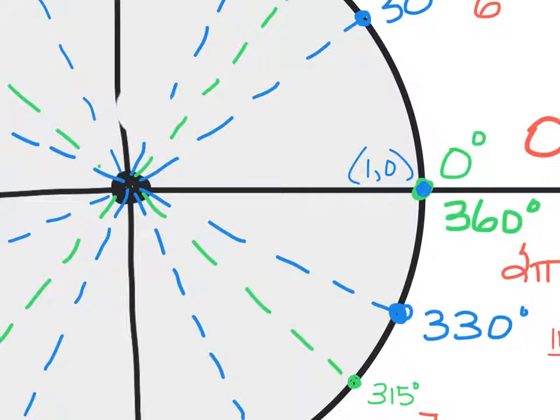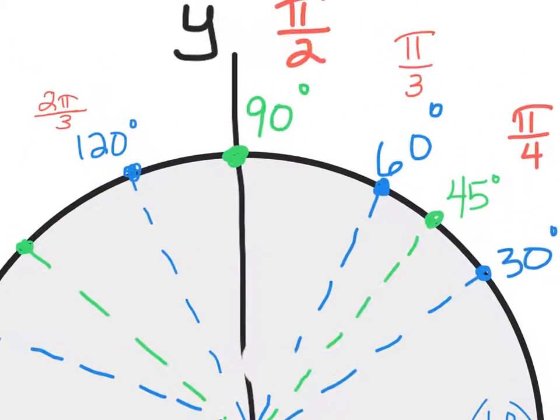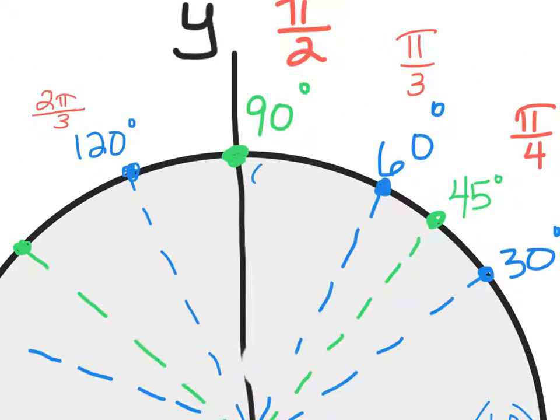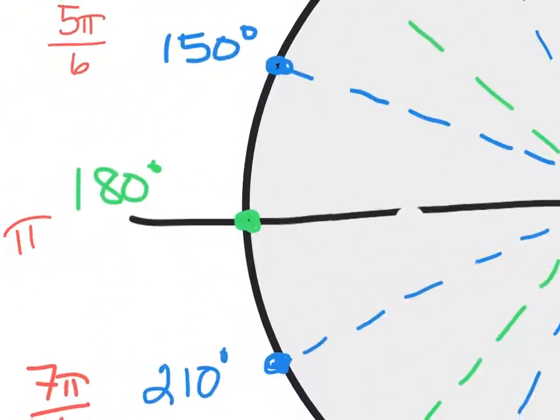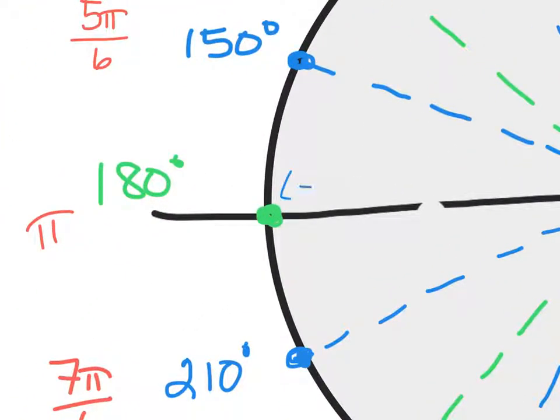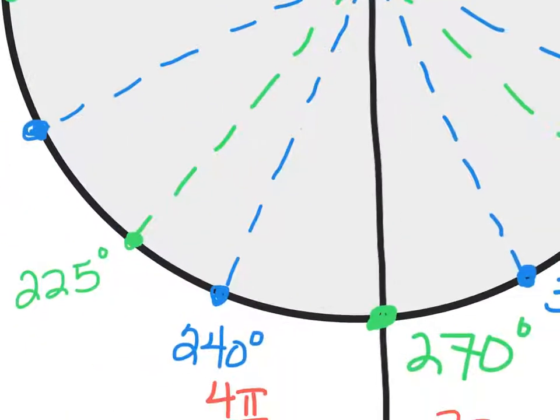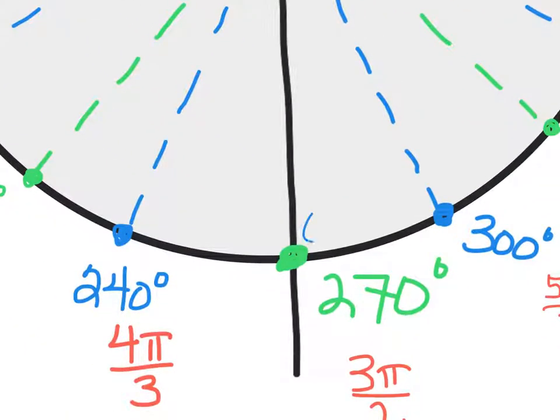The sine of 360 is 0 and the cosine of 360 is 1. At 90, the point is 0, 1. At 180, the value is -1, 0. And at 270, the point is 0, -1.